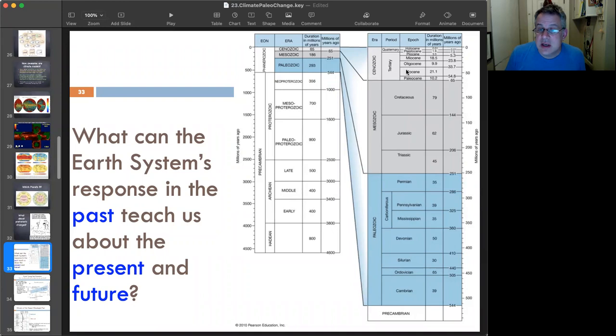So the Eocene is a recent warm epoch that people talk a lot about. The Holocene is, of course, the period that some people would say is our present. Some people would say we've now switched into an Anthropocene. Either way, Holocene is the recent past, the last few thousands of years.